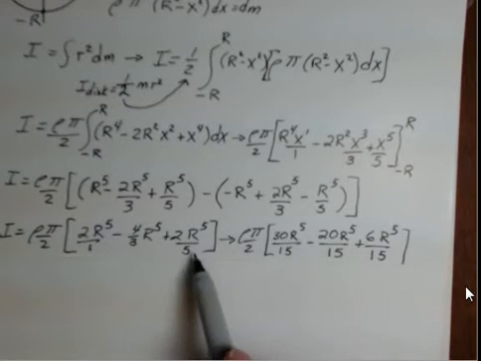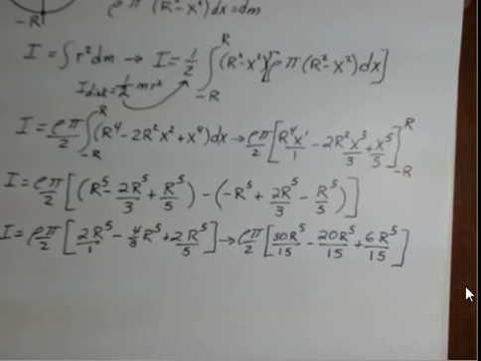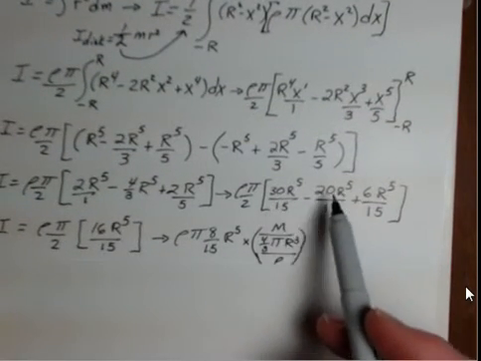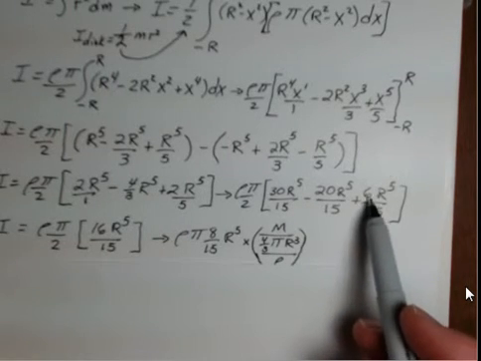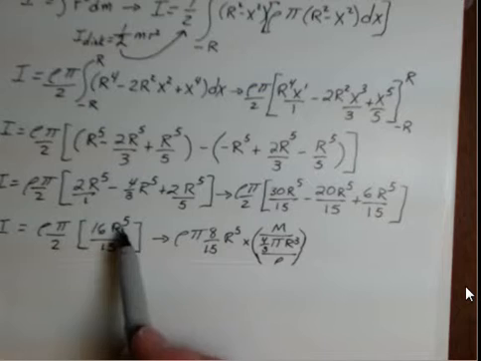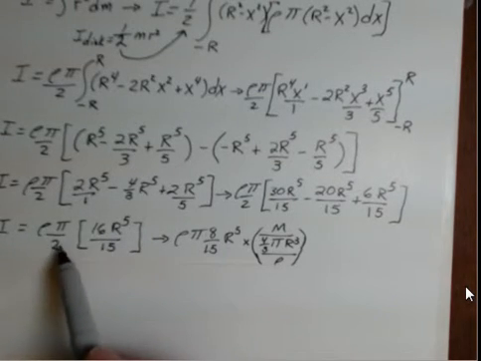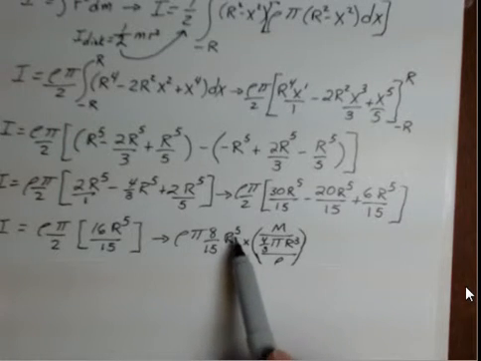And here I have to multiply by 3. So I get 6 over 15. Making progress. Combining, I've got 30 minus 20. That would be a 10 for the net there. And then a 6. So I get 16 r to the fifth over 15. We can reduce this a little bit. The 16 divided by 2 gives us an 8, and r to the fifth.